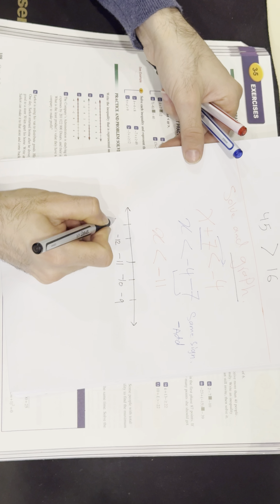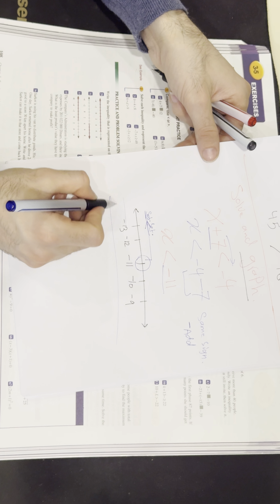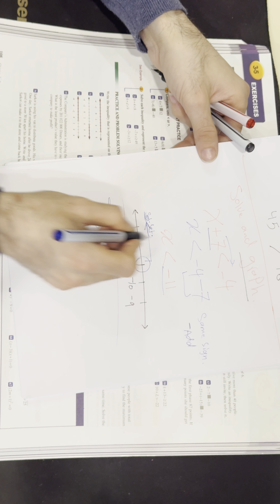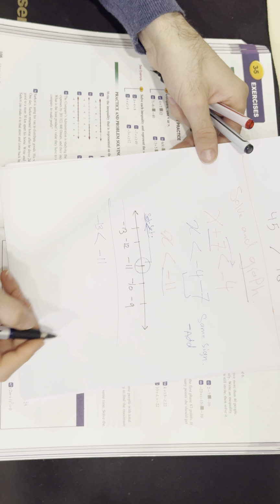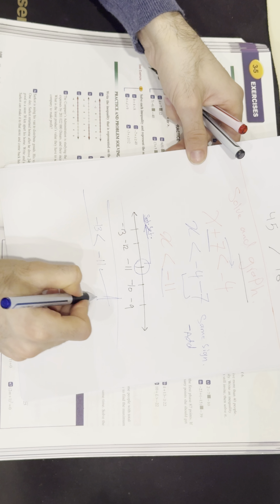So if you put any number in place of x, it will be correct. Well, what do we mean by this side? It will be the solution. So look, choose any number on this side. So now negative 30, and put it in place of x. Then less than negative 11. Negative 30 is less than negative 11? Yes. So that means my answer is already correct. That's why we call this side the solution.